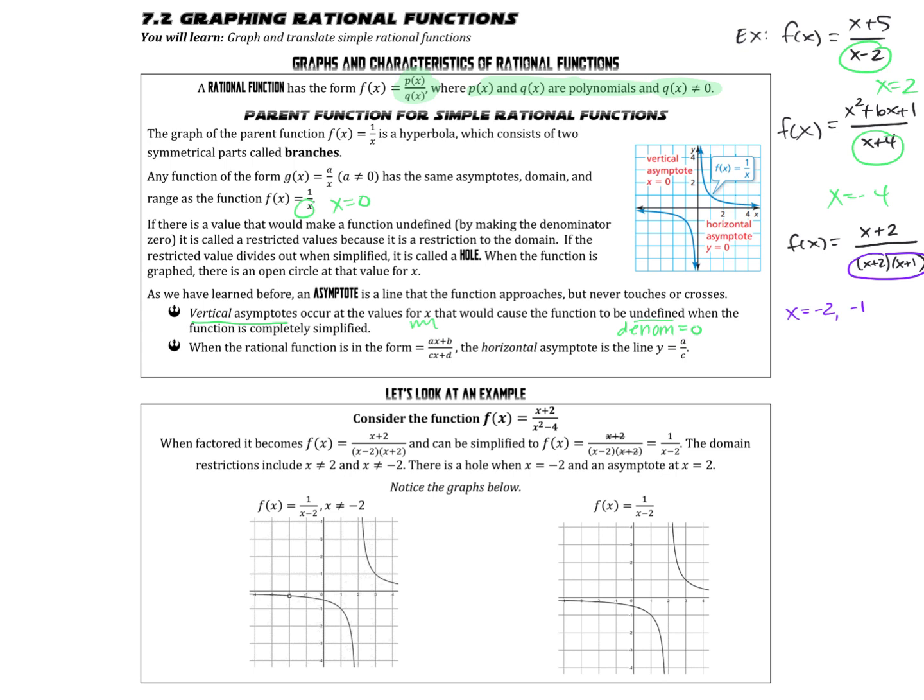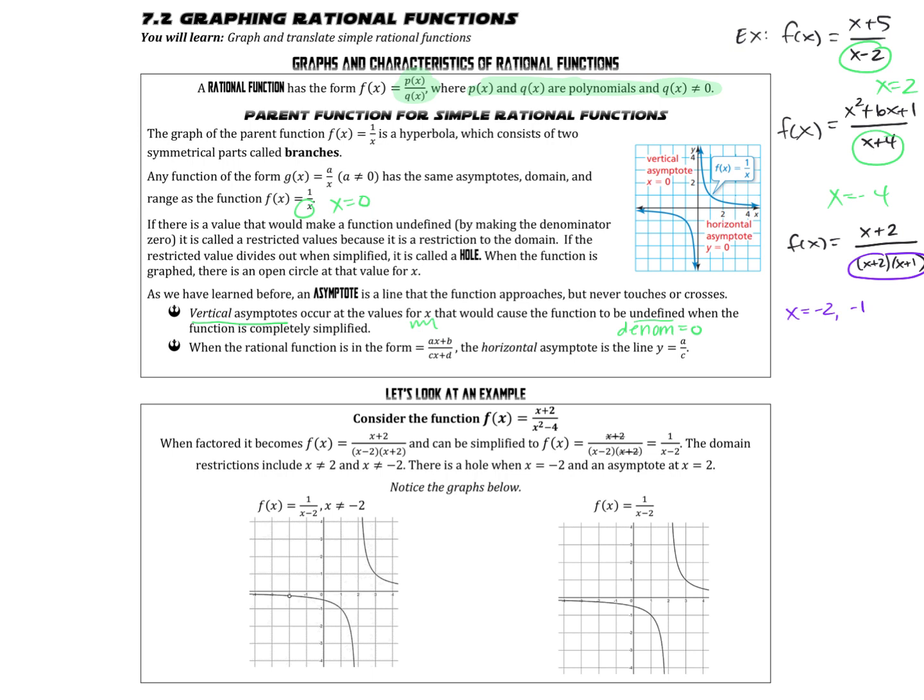But what happens in the numerator if x is equal to negative 2? If we plugged negative 2 in for x, the numerator would be 0 and the denominator would be 0. So instead of having a number over 0, we'd have 0 over 0, which is called indeterminate form, and that's something you'll learn about in future classes.